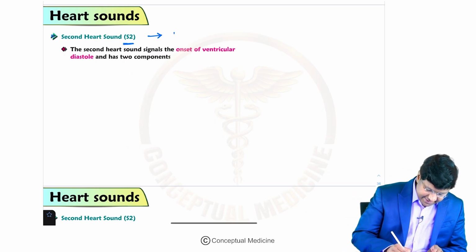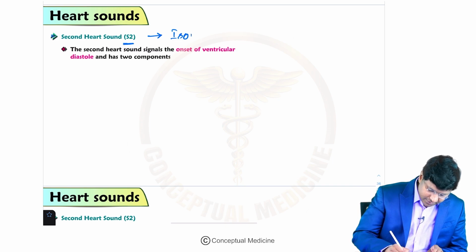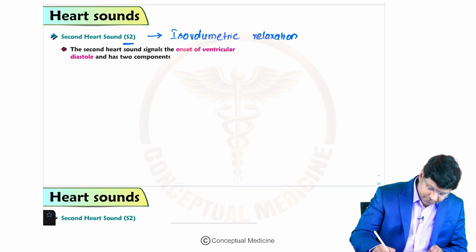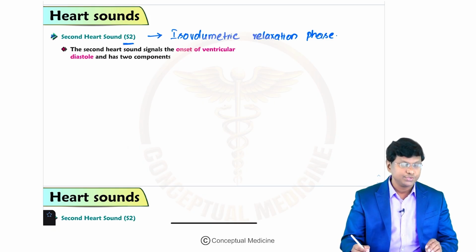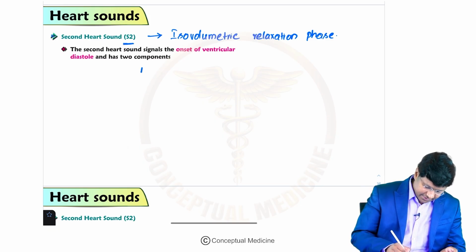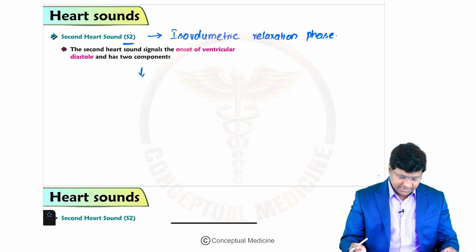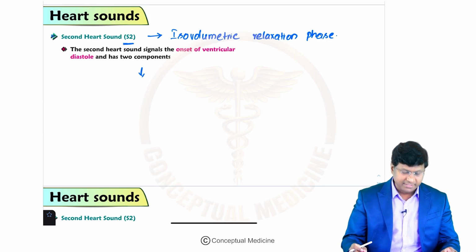You will have the second heart sound during the isovolumetric relaxation phase. Right, during the isovolumetric relaxation phase, you will hear the second heart sound, and it signals the onset of ventricular diastole.